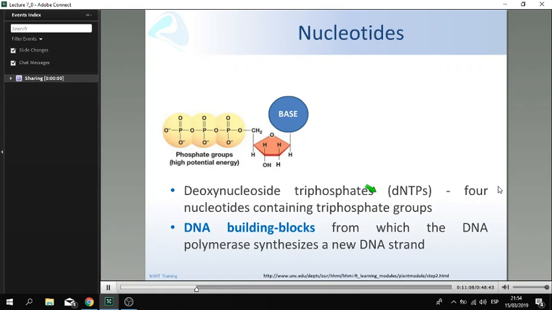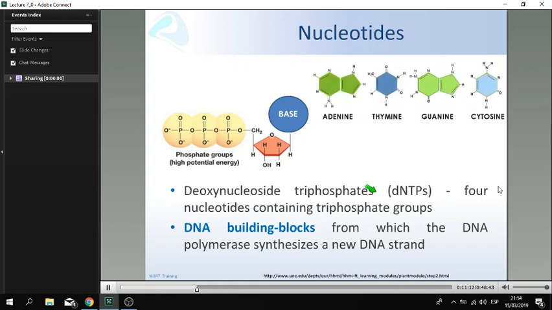Then in the mix we have nucleotides, so they are the building blocks of our DNA, so we need to have a mixture of adenine, thymine, guanine, and cytosine, and we need to have enough of them. And they also have 3 phosphate groups attached to them, so they're called deoxynucleoside triphosphates or dNTPs. So these phosphate groups give energy to the reaction, so they really help with the energy of the reaction.